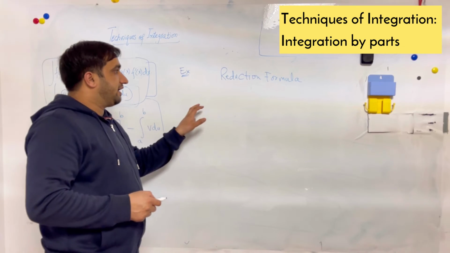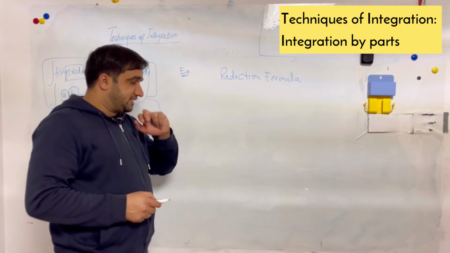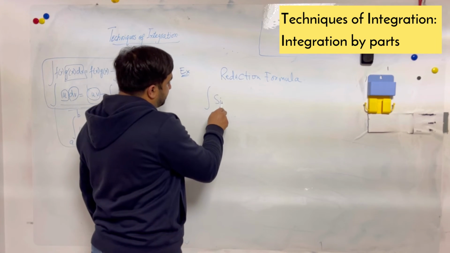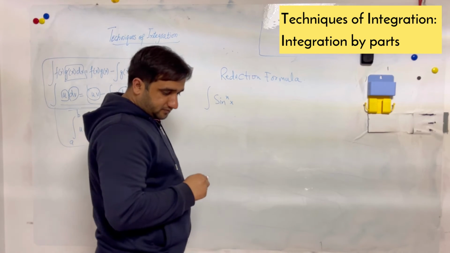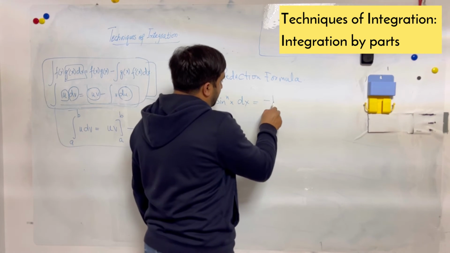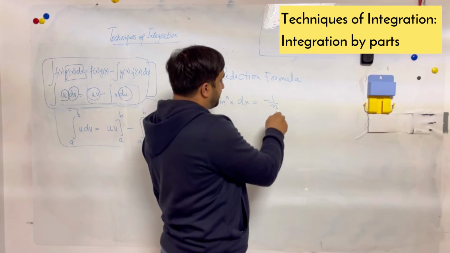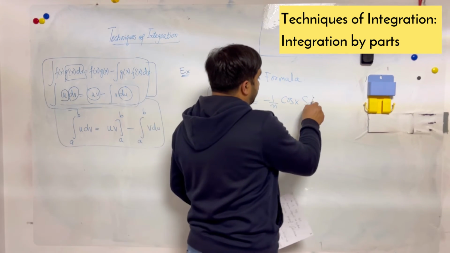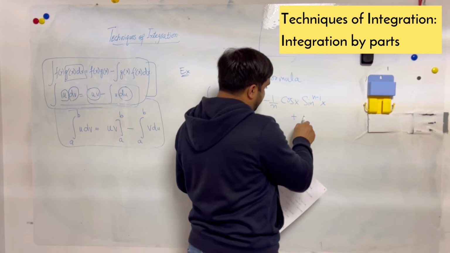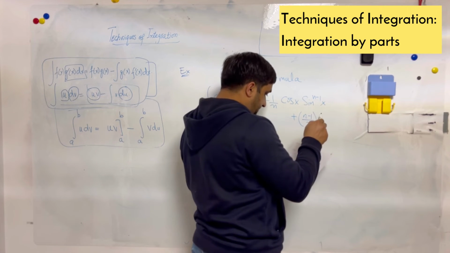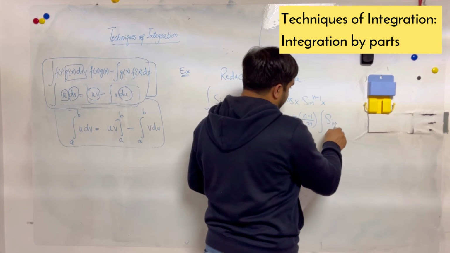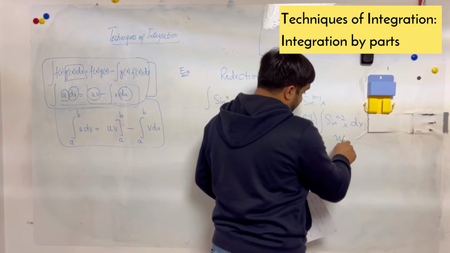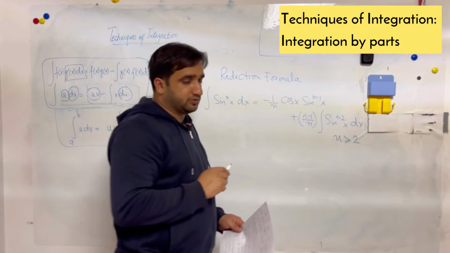Now we have one formula which is called reduction formula, and this formula is integral sine raised to the power n x dx is equal to minus 1 over n cos x sine n minus 1 x plus n minus 1 divided by n integral sine n minus 2 x dx, subject to that n is greater than or equal to 2.